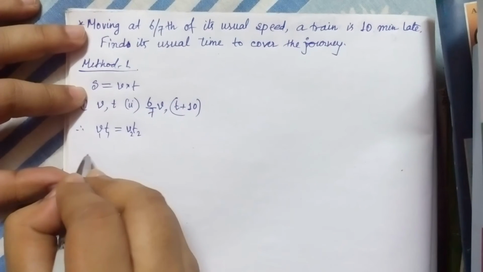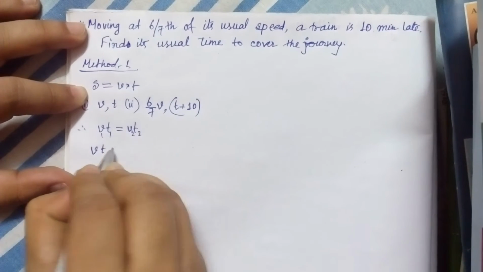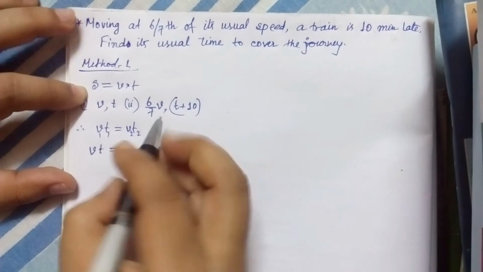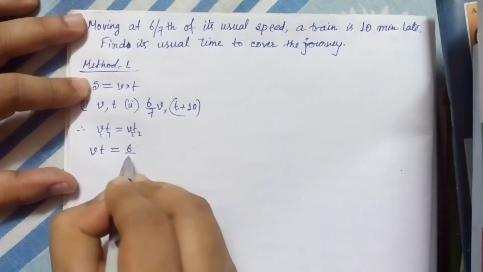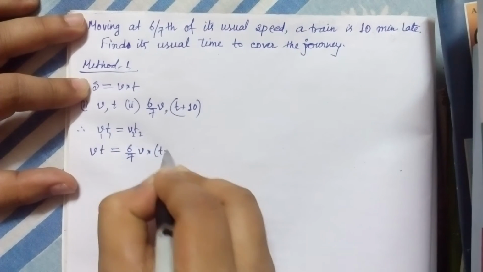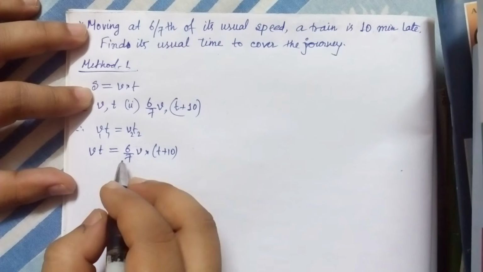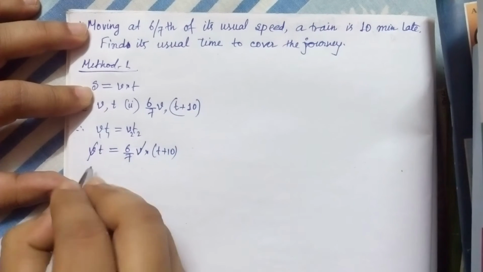For the first instance, the speed was V and the time was T. And for the next, the speed becomes 6/7 into V and the time becomes T plus 10. Now if we solve this equation, the V will cancel out.